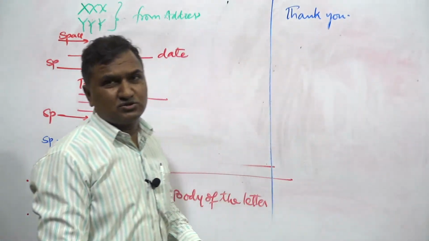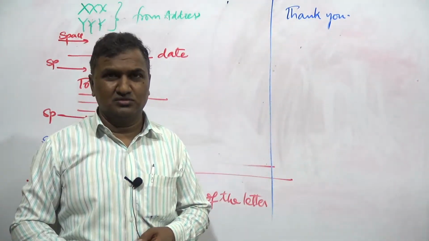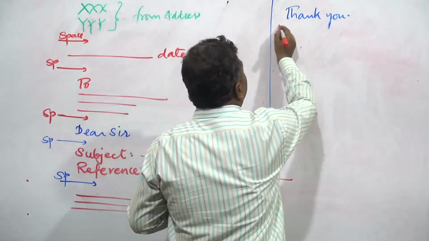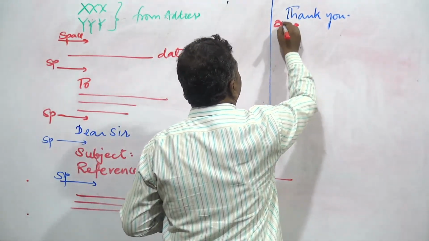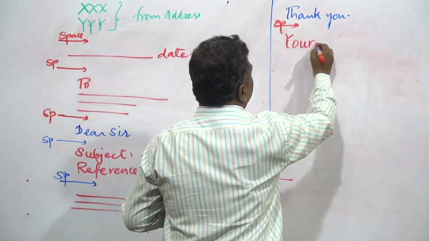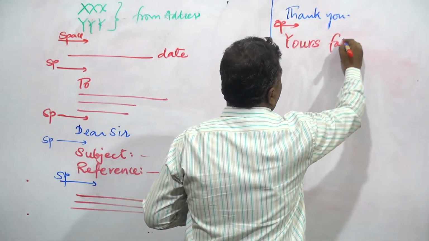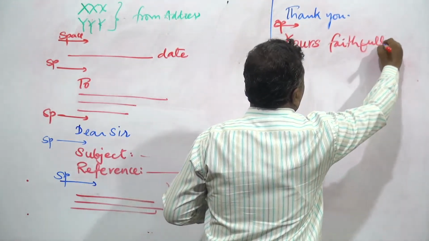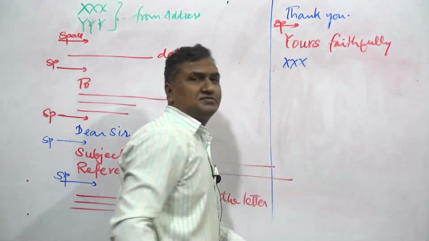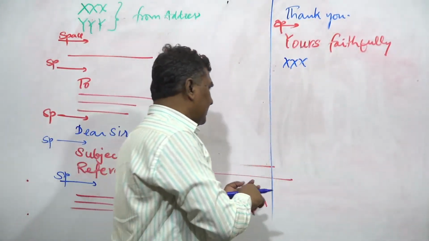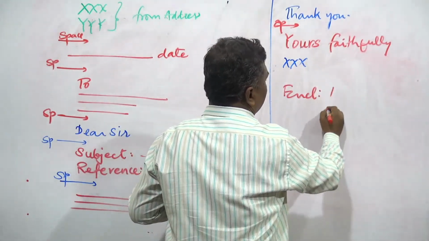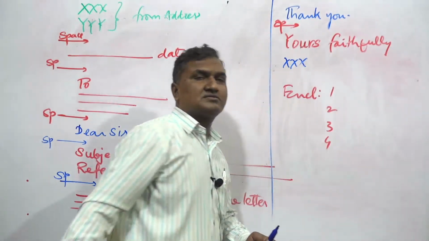Remember that you are not supposed to write thanking you. You must write thank you. Then again space. Then you have to write yours faithfully, 3 times x, that's the name, and then enclosures, ENCL 1, 2, 3, 4, like this.